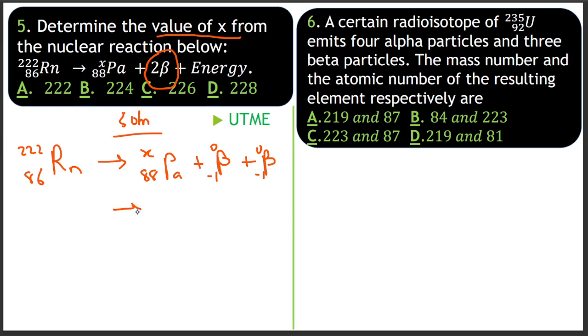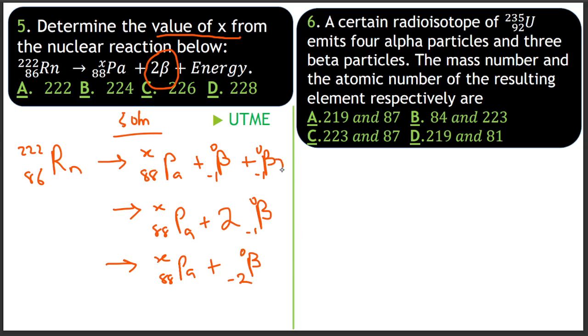If I like, I can as well rewrite it like this: 2. Now I use this 2 to multiply the mass, and it will still give me 0. And then 2 times minus 1 will give me minus 2. Okay, so these are the 3 ways you can represent the nuclear equation.